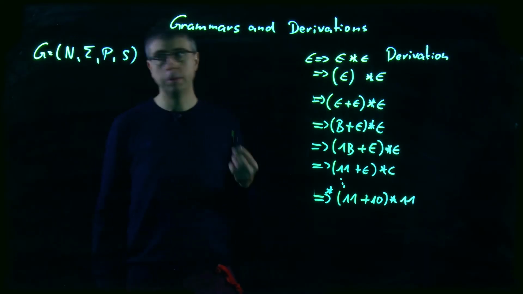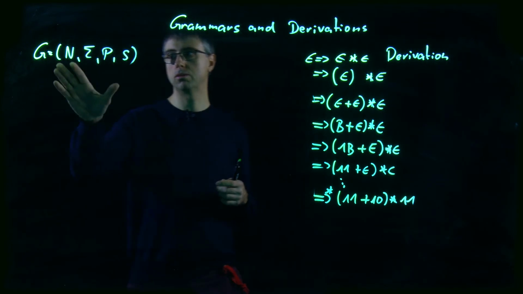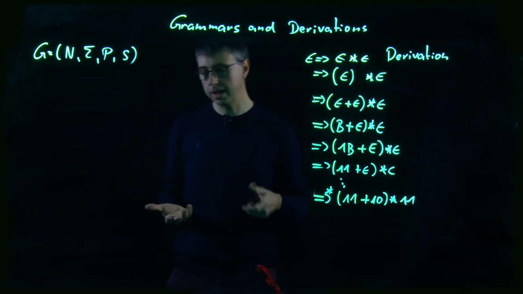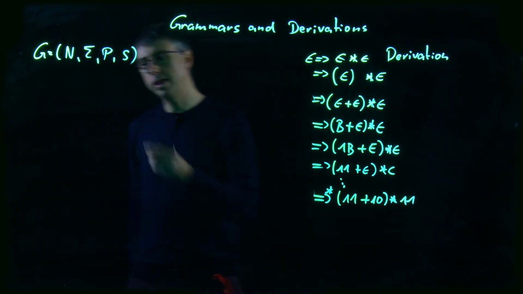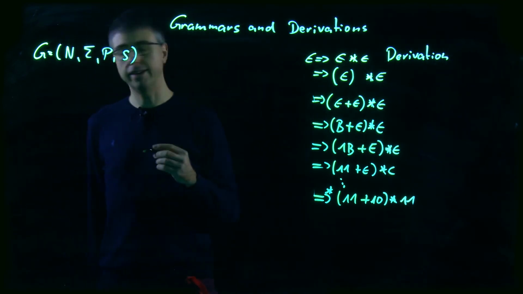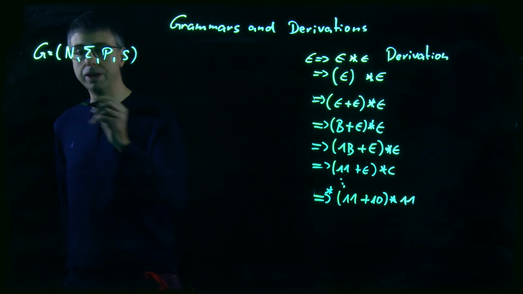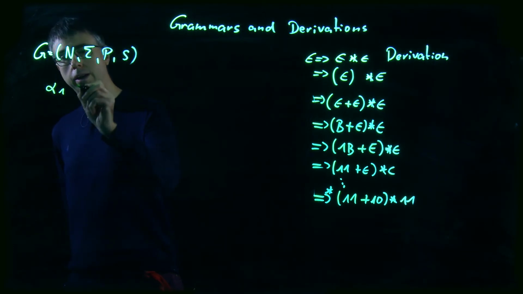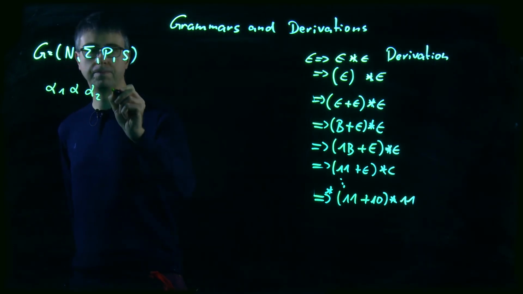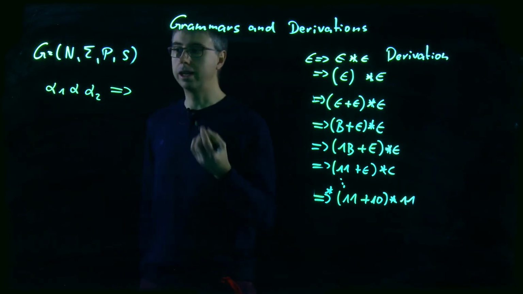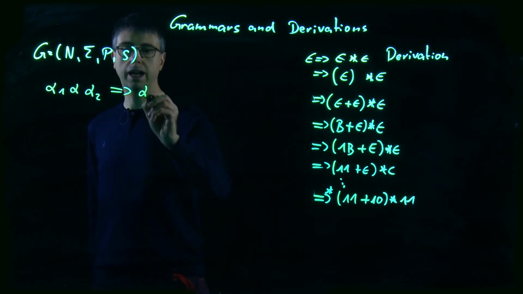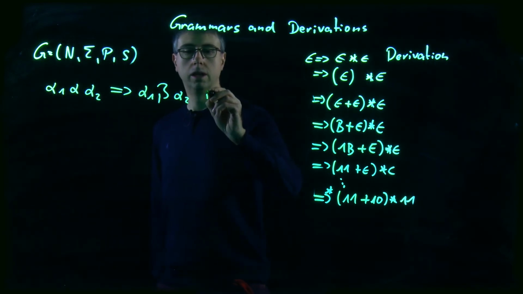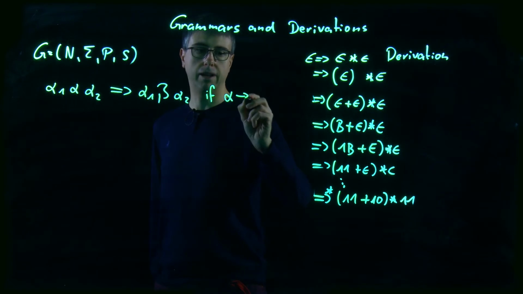After we have defined what a grammar is, grammar being this four-tuple, we have to define what a derivation is. And the idea with a derivation is that if we have a so-called sentential form, so some string over the terminals and the non-terminals, something like alpha 1 alpha alpha 2, then we can derive from this string a string alpha 1 beta alpha 2, just if we have a production rule that replaces alpha by beta.